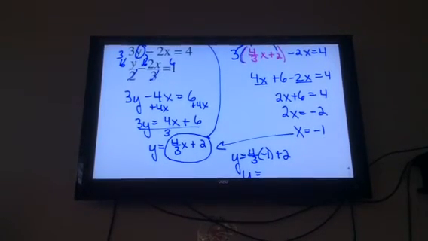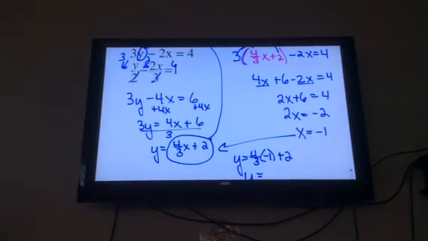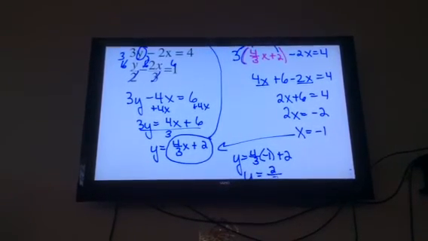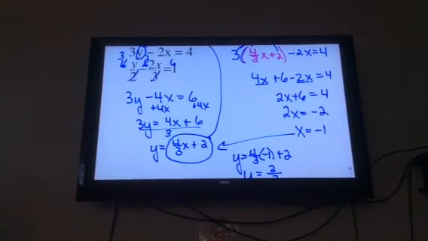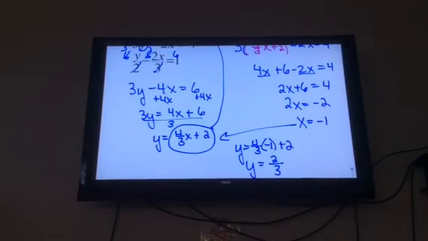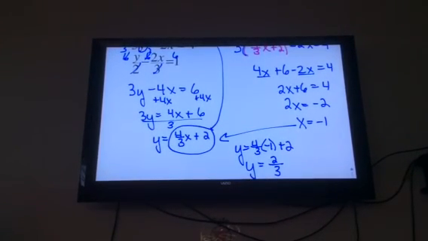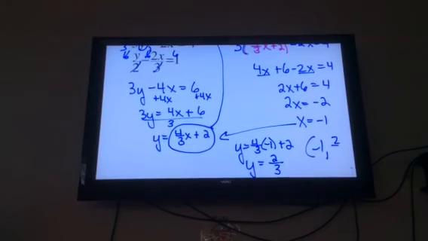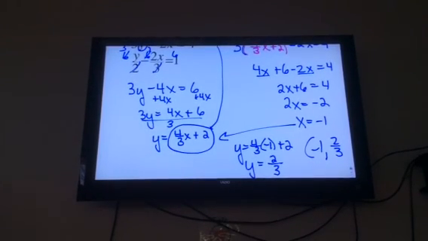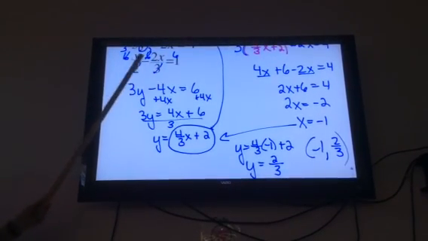Negative 4/3 plus 6/3, 2/3. I did that right in my head. 6 over 3 is 2. 6 over 3 minus 4 over 3. 2 over 3. Yeah. So negative 1, 2/3 is my final answer. That one would be a little trickier to plug in here. You can do it, but it would be a little trickier.